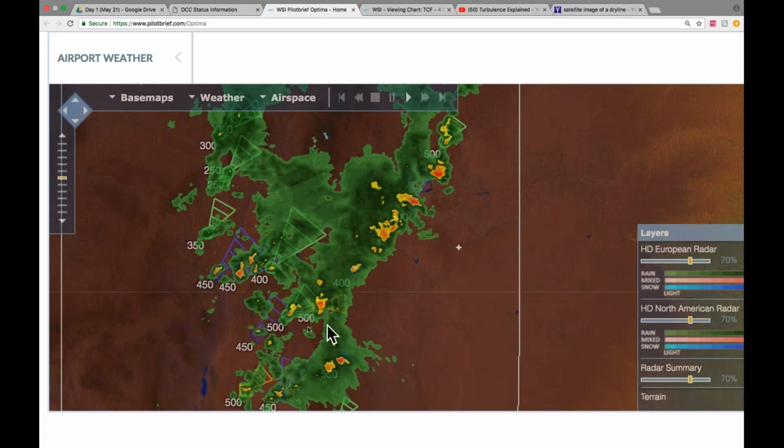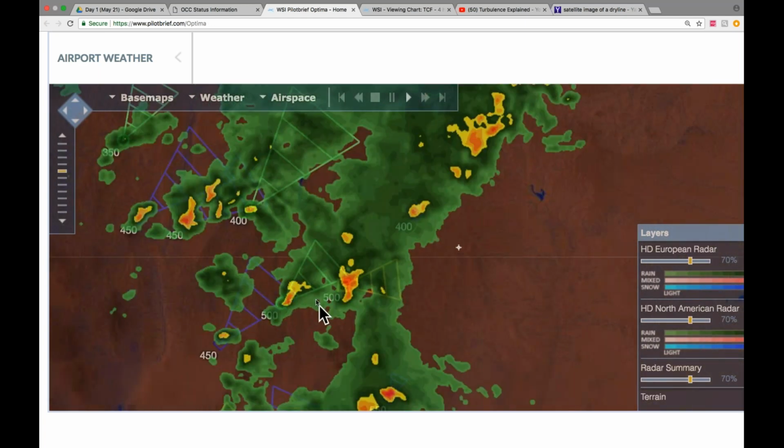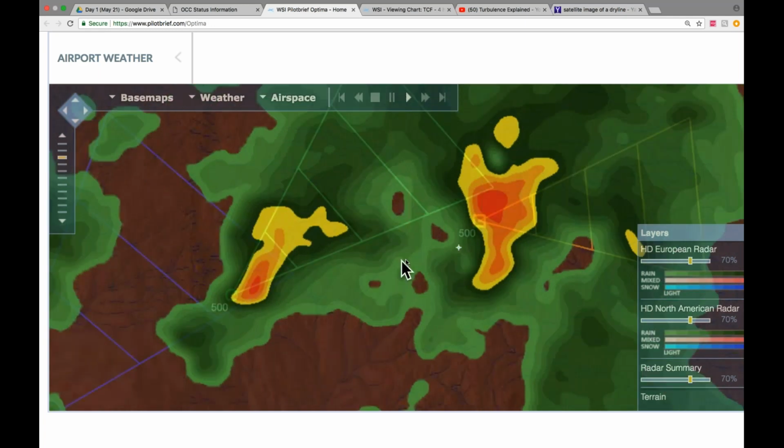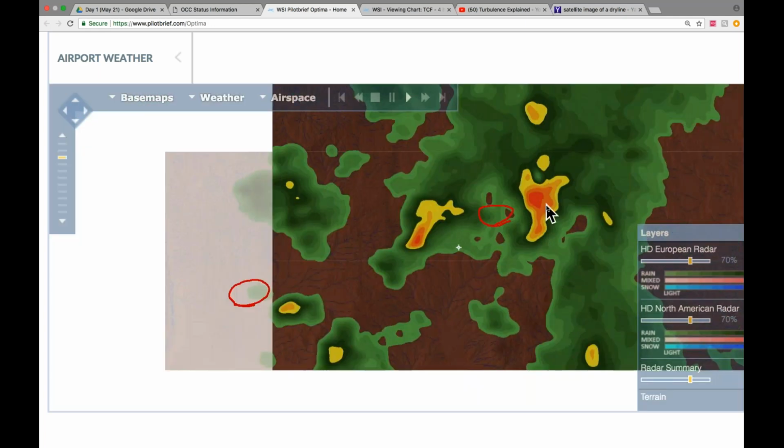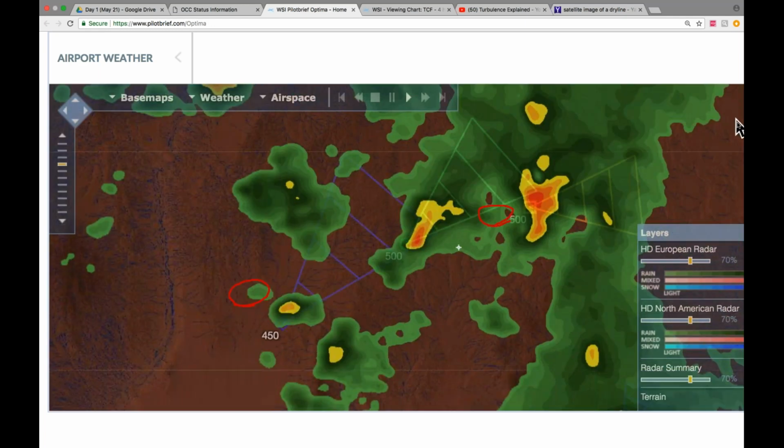You can see right here, these storm cells, the tops are at 50,000 feet. Kind of crazy.